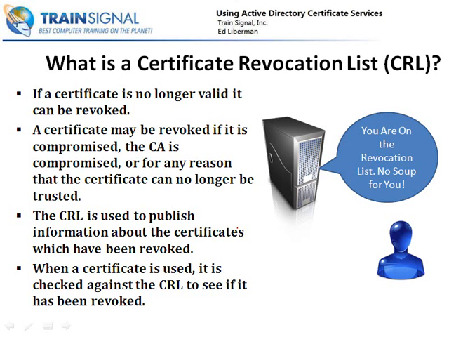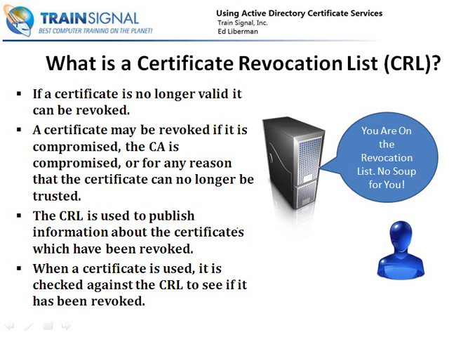The certificate revocation list, or CRL, is used to publish information about the certificates which have been revoked. Every time a certificate is used, it is checked against the CRL to see if it has been revoked.